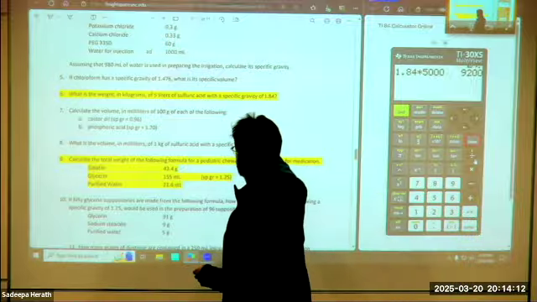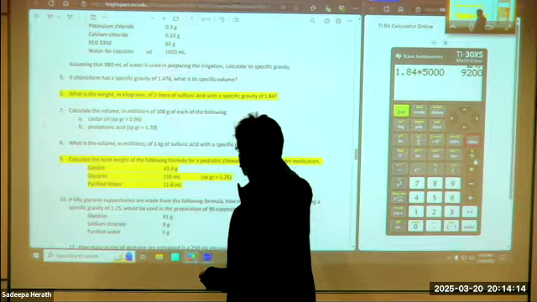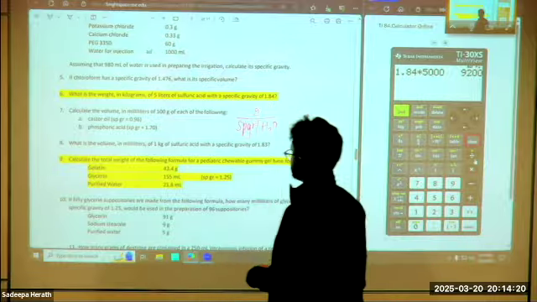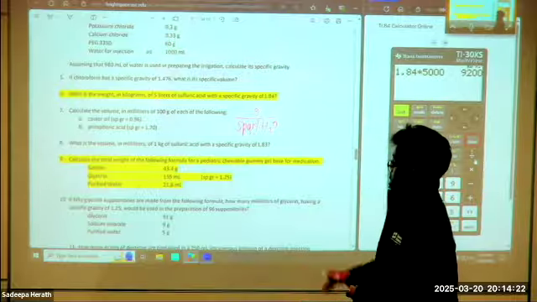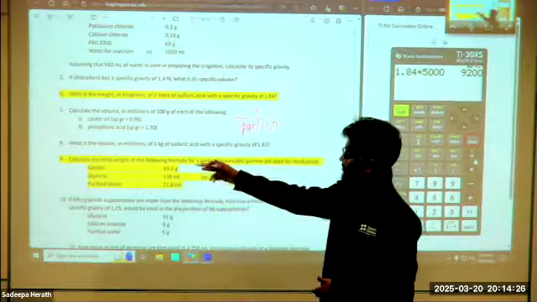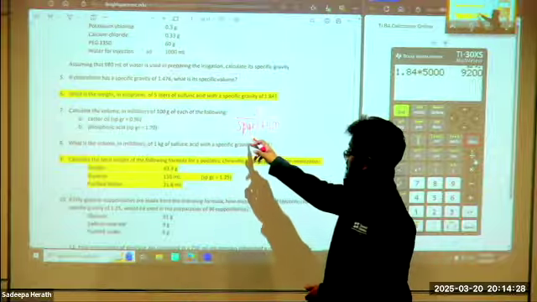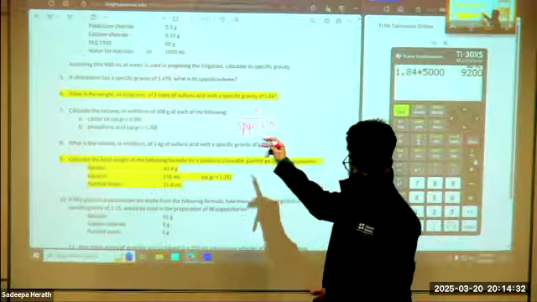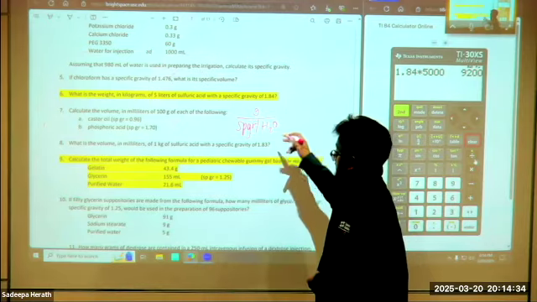Probably shouldn't have erased that. So 100 grams of each of the substances, and they're giving us the specific gravities. They're looking for the volume of each, right?